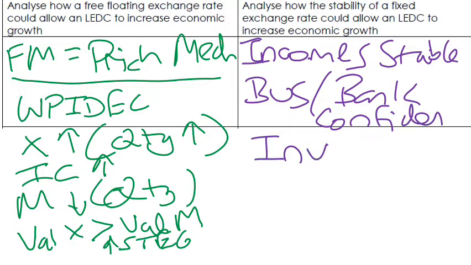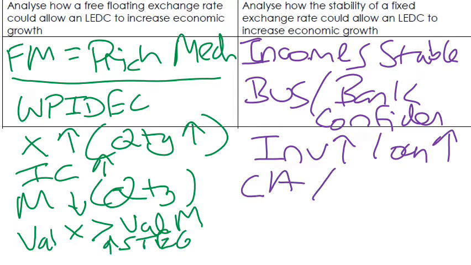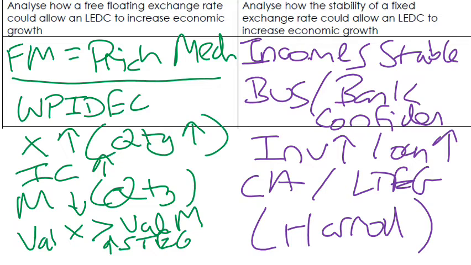So investment and loans increase, and that in itself will lead to capital accumulation and an increase in long-term economic growth, and you could analyse that using the Harrod-Domar model.